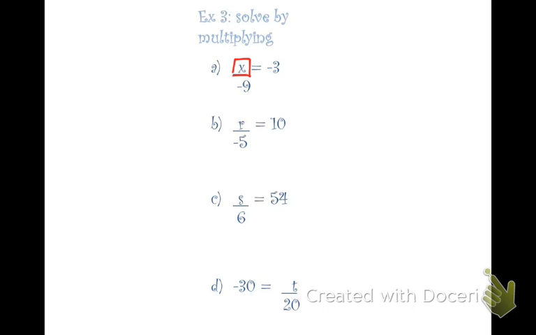Negative 9 is dividing, so we are going to multiply. If we multiply one side, you need to multiply the other. Remember your negatives. So x equals negative 3 times negative 9, which is positive 27.